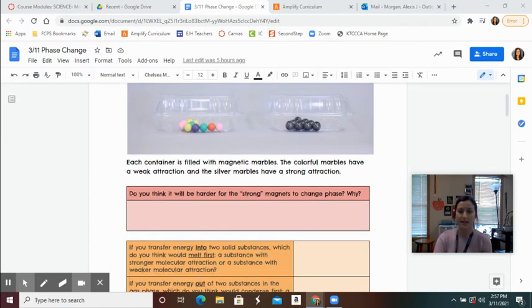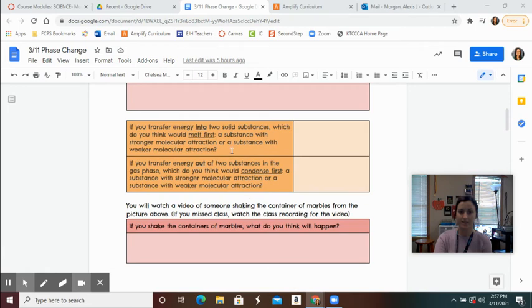The next thing is we had two scenarios over here, and these two scenarios cover what we were talking about yesterday with our molecular attraction. The first scenario talks about transferring energy into two solids. I have two solids, and I want to know which one's going to melt first: the one that has the stronger molecular attraction or the one that has the weaker molecular attraction. Think, if you're a solid, you're at the bottom of your energy tower and the bottom of your temperature gauge too.